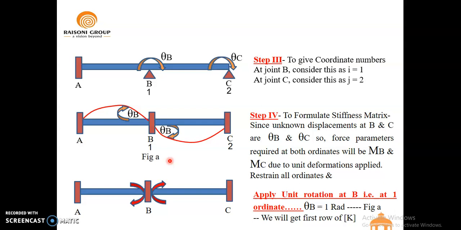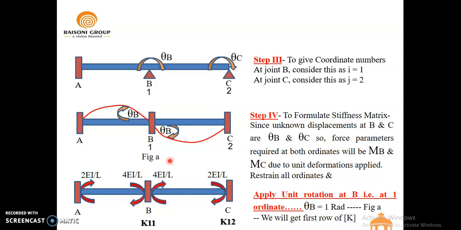If you apply a moment in a clockwise direction at any joint, it will rotate in a clockwise direction. So 4EI upon L will be at B, and 2EI upon L will be at A and C.